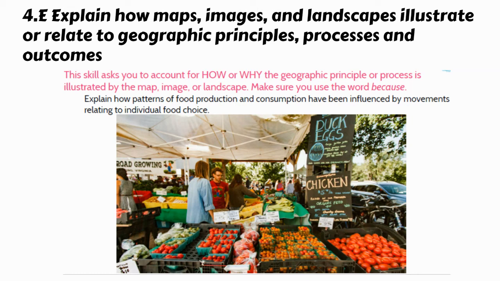Well, more people are going to these local farmers markets because of these movements. And that's really influencing people's desire to eat healthy, to move away from those multinational corporations, the five big ones that are controlling all of our food choices.